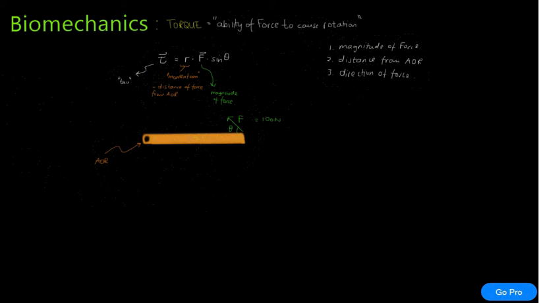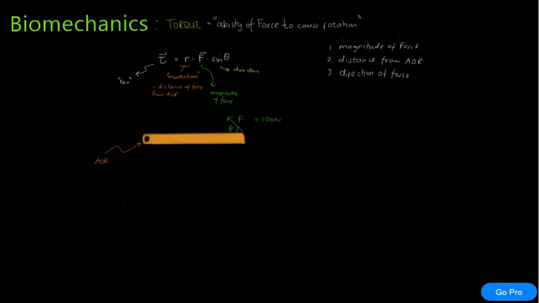So that's where the third and final component becomes really important. So we say, alright, this over here is the direction component, and this direction component is going to be affecting this F, or it can affect the length of the lever arm, right? So three really important factors.